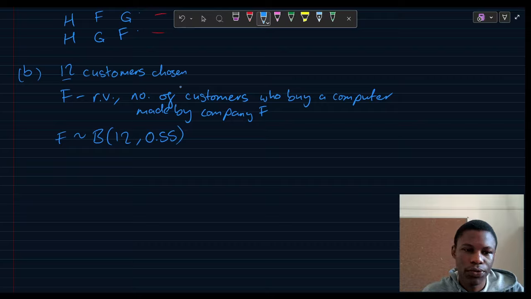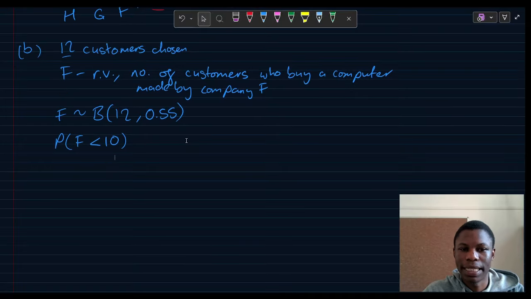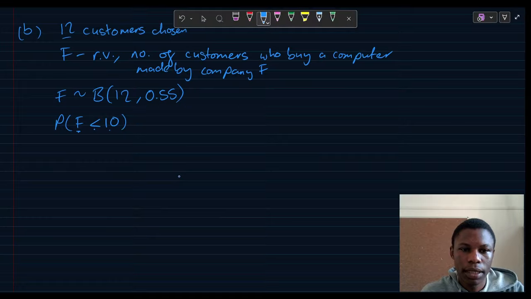And we want to find the probability that fewer than 10 of these customers bought a computer made by company F. So, probability that F is less than 10. We're not going to evaluate F is less than 10 directly because that's long.